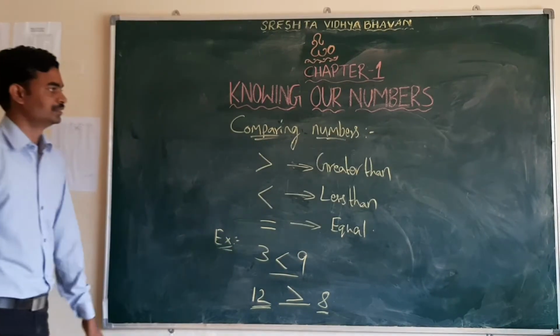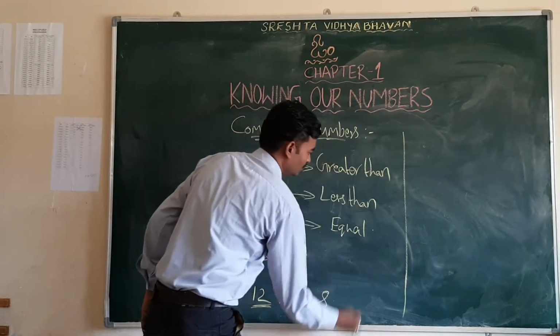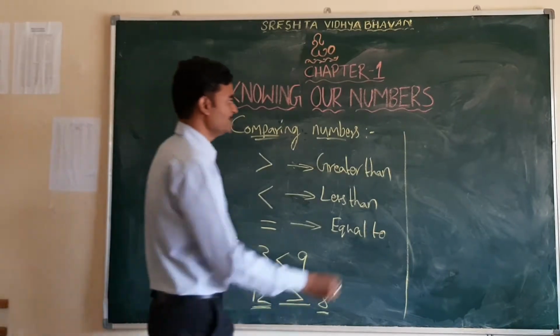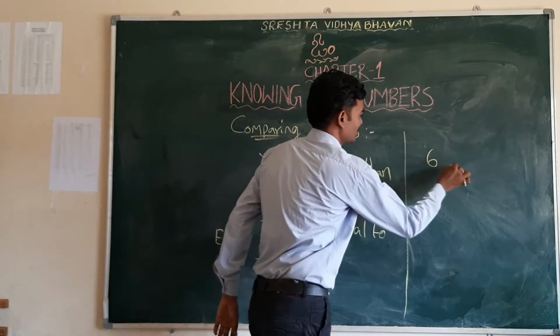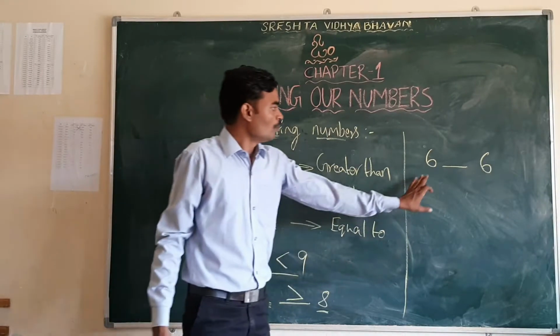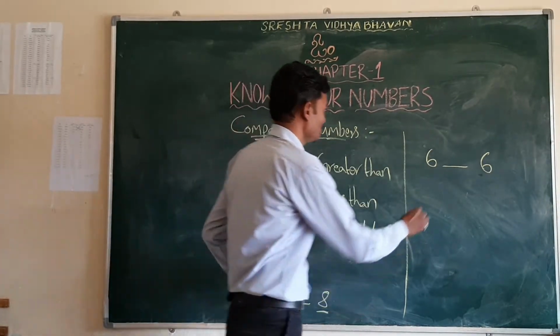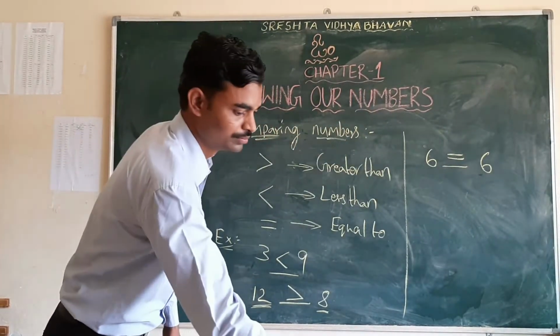Greater than. And the last one is equal to. The equal to symbol means both numbers are equal, like 6 and 6. Since both numbers are equal, we use the equal to symbol.